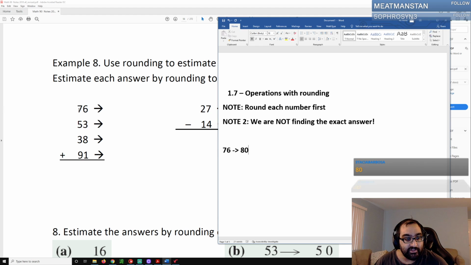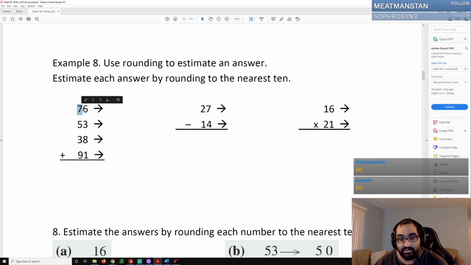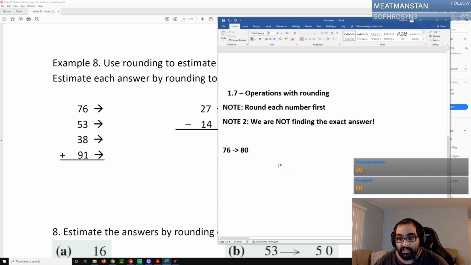We look at 7, that's the tens digit. We then underline the 6. Since 6 is between 5 and 9, we round this up to 8, and then that 6 changes to a 0. So we're using those same rules that we talked about on Tuesday in order to switch those numbers over. All right, let's keep going. How about 53? What does 53 round to?